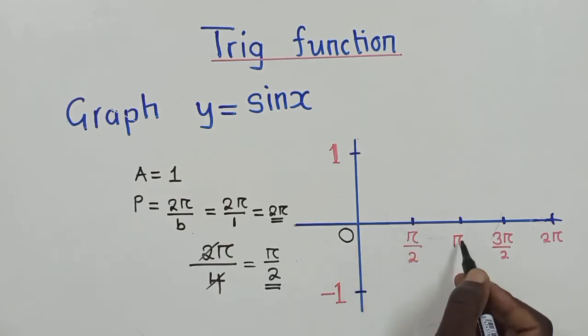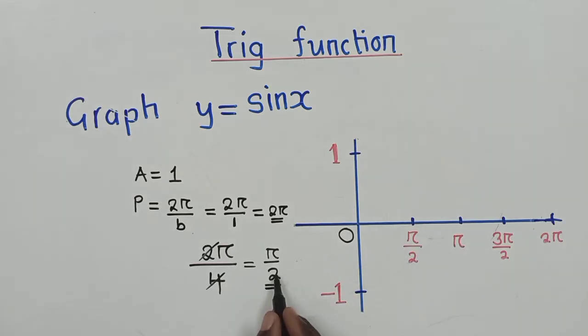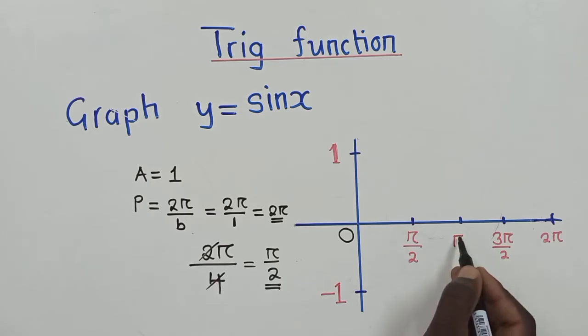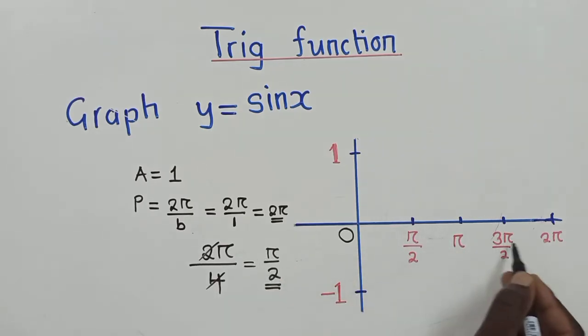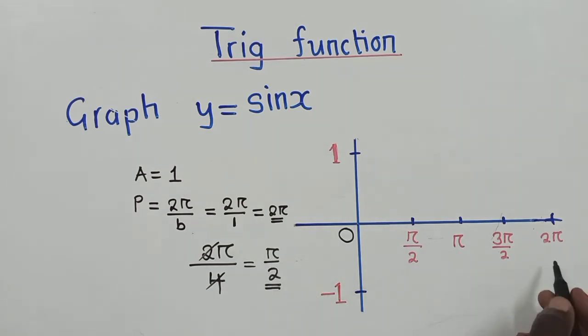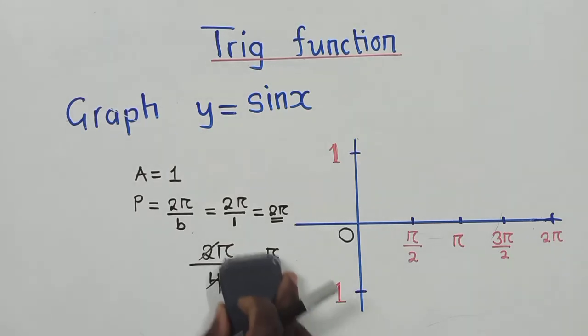From pi over 2, it will be pi. So now you get this pi plus pi over 2, it will give you 3 pi over 2. This 3 pi over 2 plus pi over 2 will give you 2 pi. So this is how you come to identify or find the Cartesian plane.